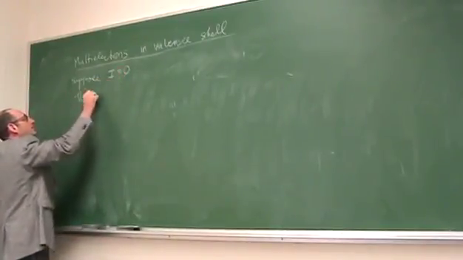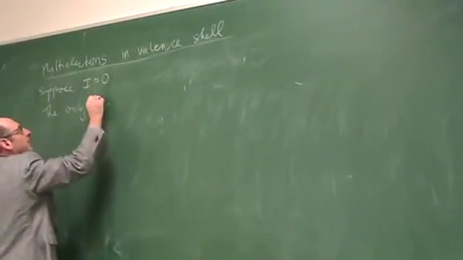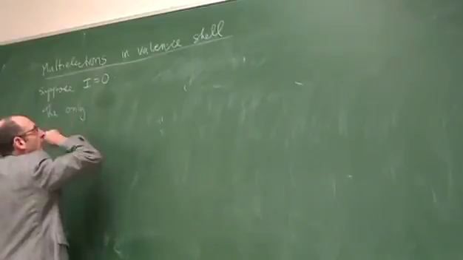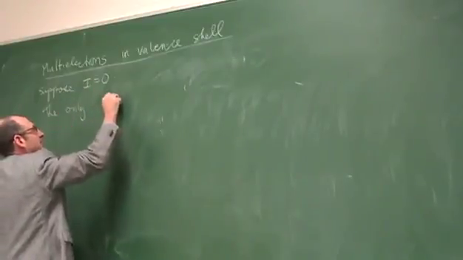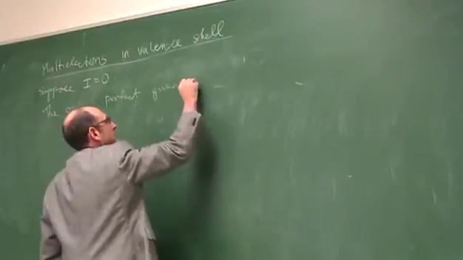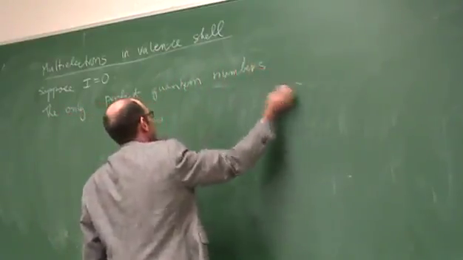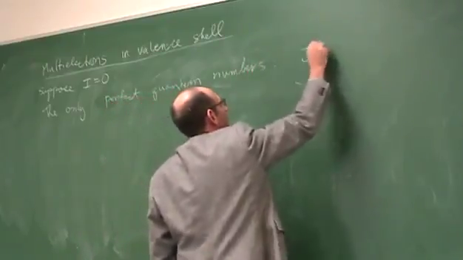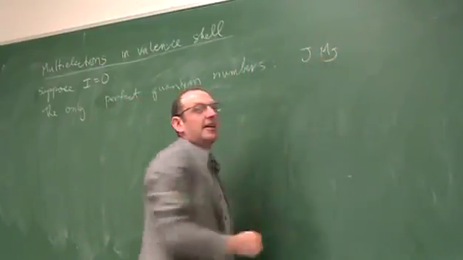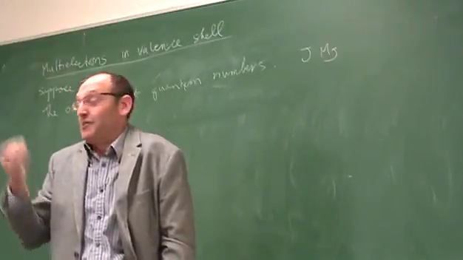Then the only perfect good quantum numbers are J and M sub J. The total angular momentum of the atom is whatever it is.